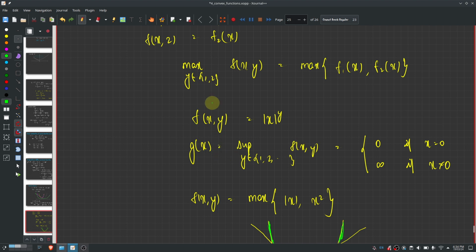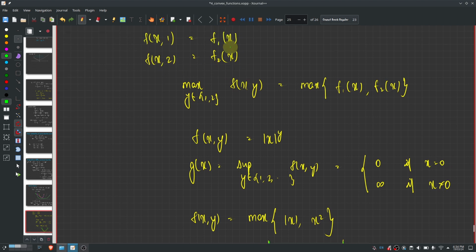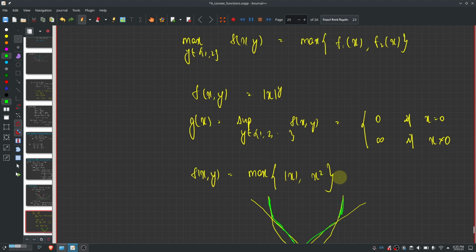In this particular case, y could take one of two values, 1 or 2, but x can be arbitrary. It could be R, it could be R^n, doesn't matter. g of x is, in this particular example, correct.